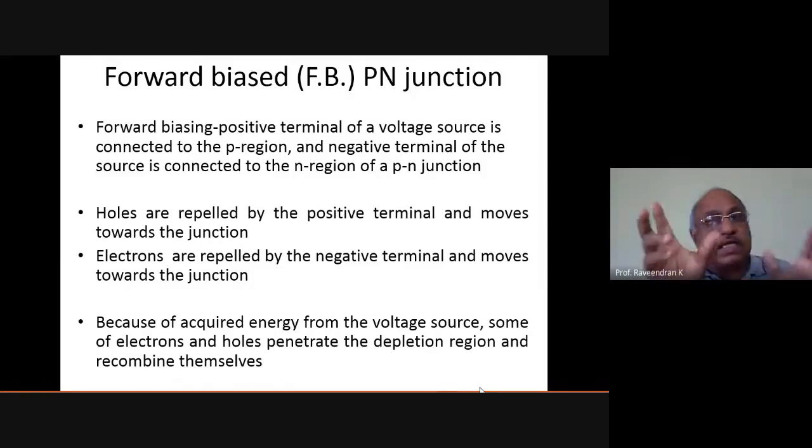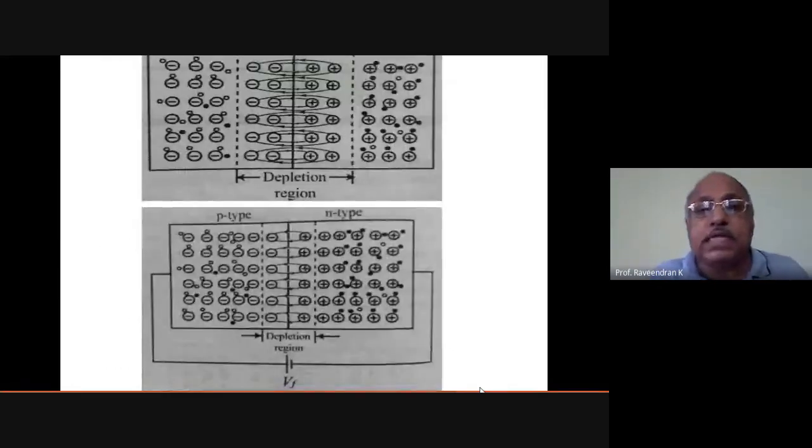Though the space charge region is there, some of the electrons and some of the holes on either side of the PN type material acquire energy, penetrate through the depletion region and recombine themselves. Okay, so that is shown here. So that is what happens when it recombines.